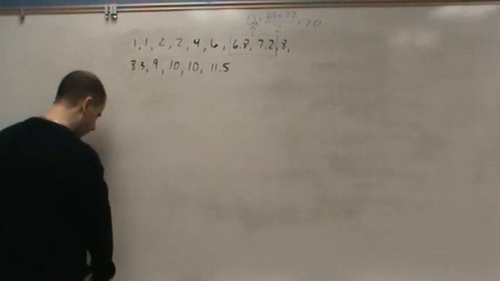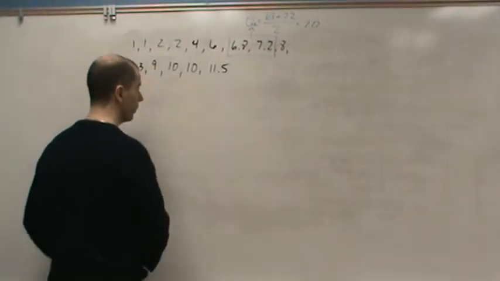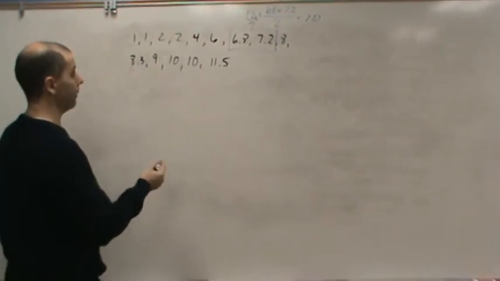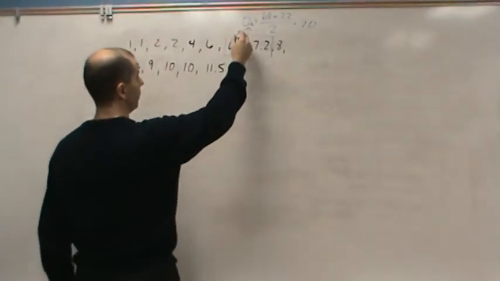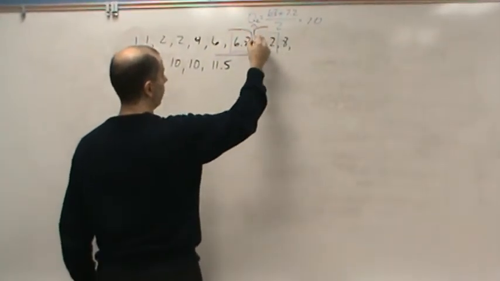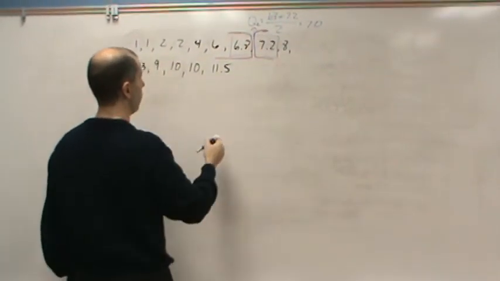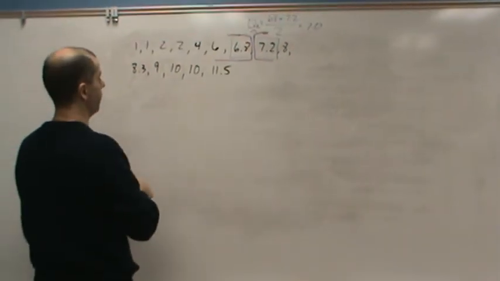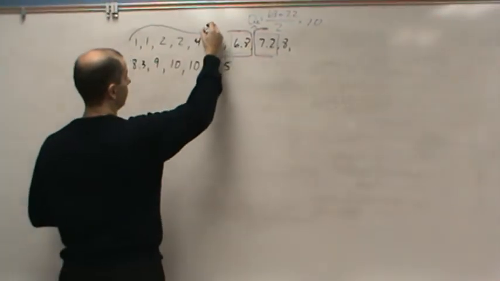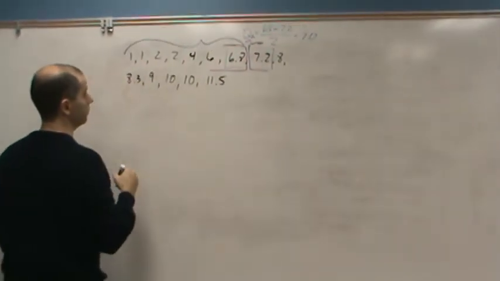Now, let me use a different color. So now I'm going to find Q1, right? What I'm going to do is split the data into two halves. One half is going to go this way, and one half is going to go this way. So I'm going to take the lower half, which is going to be these values.